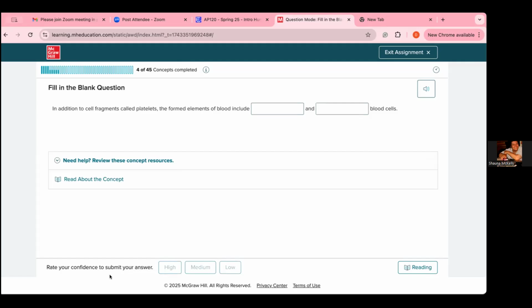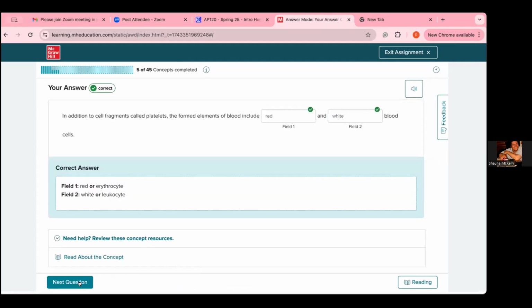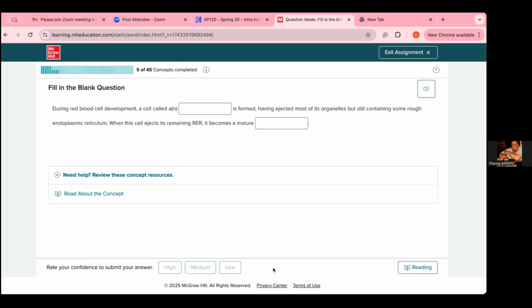So red, and they have the word and. Okay, give me a second.